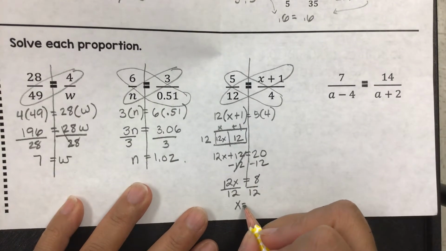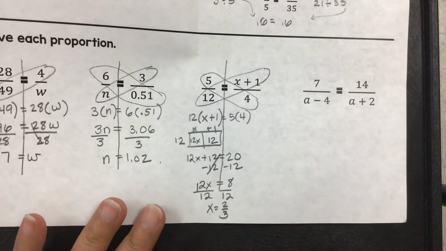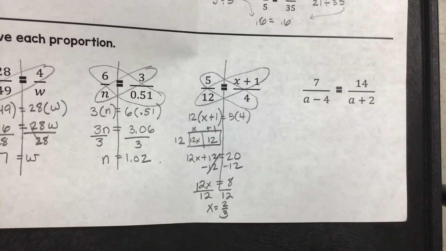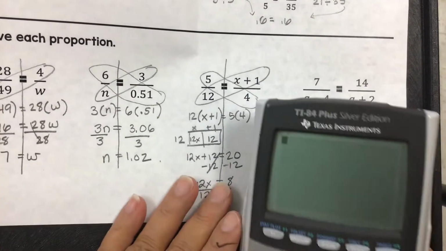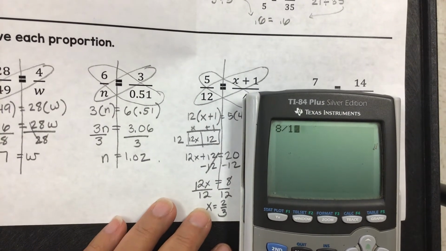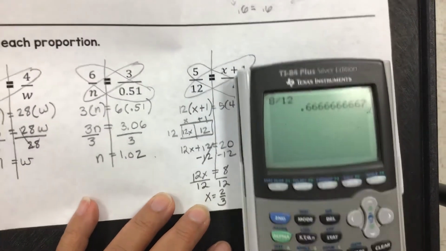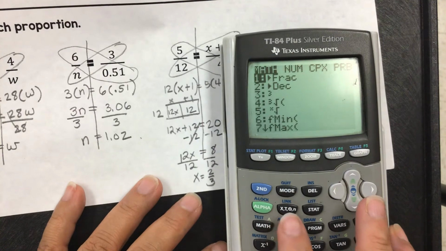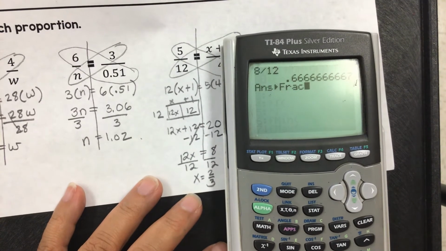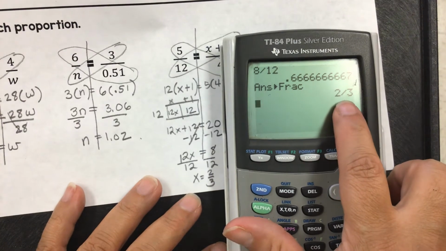X can simplify to 2/3. Well, how did I get that answer? On your calculator, you can write 8 divided by 12, and it gives you a decimal approximation. And then we hit math, hit enter, enter, and that gives you the 2/3.